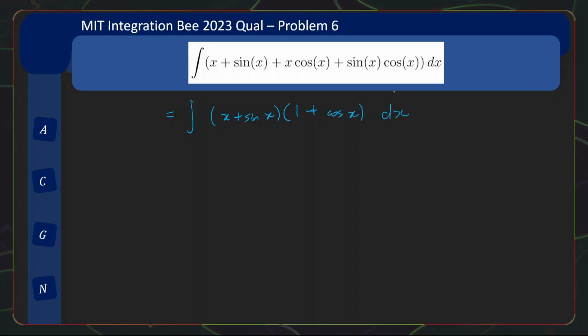So let's quickly check. If you expand this, we have x plus sine x plus x cosine x plus sine x cosine x. So indeed, we have this factorization, and now you notice that if we take the differential of the first one, we get the second one.